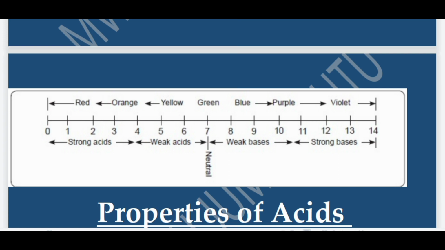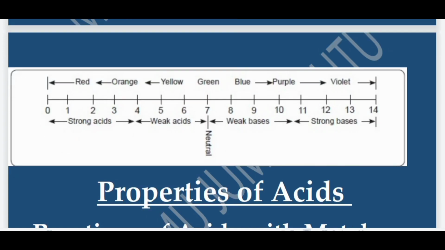Then you have the strong bases. They will give either a purple or violet color, and they range from 10 to 14. So that's how the pH chart works.